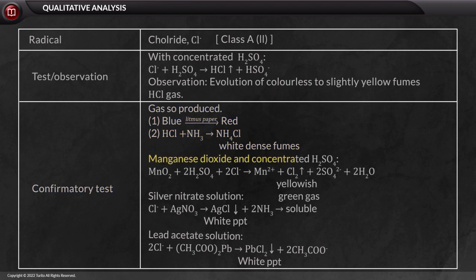While with manganese dioxide and concentrated sulfuric acid, it releases yellowish-green chlorine gas. Also, chloride ion with silver nitrate or lead acetate gives white precipitates. White PPT of AgCl is soluble in ammonia solution.